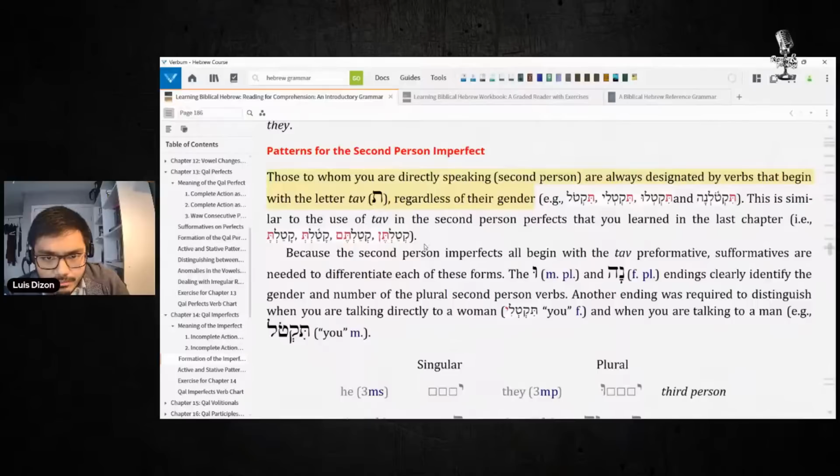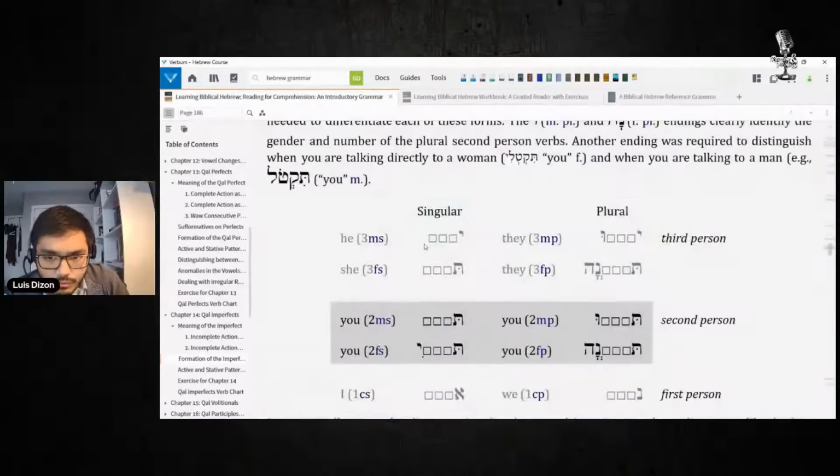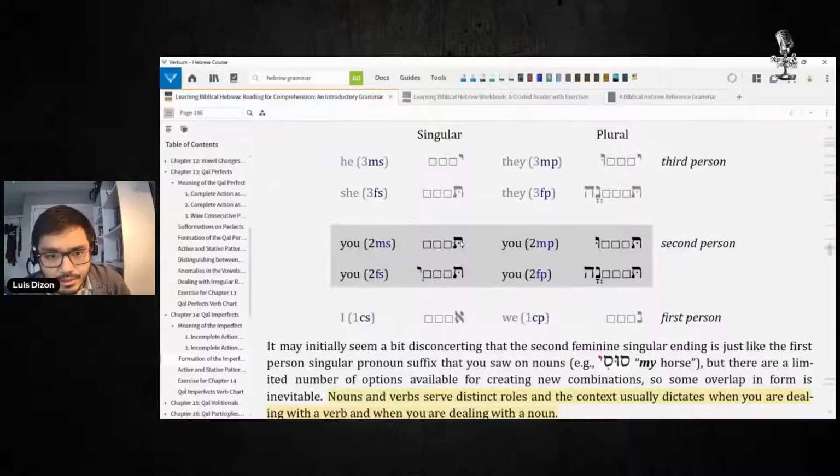Now, after that, we get to the second person forms. Once again, there are four to consider: second person masculine singular, second person feminine singular, second person masculine plural, and second person feminine plural. So remember that if you run into tishmor, it can be either he guarded or you guarded.